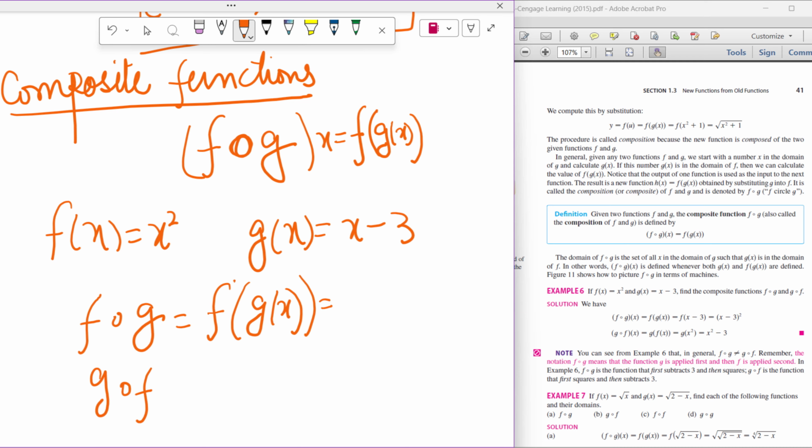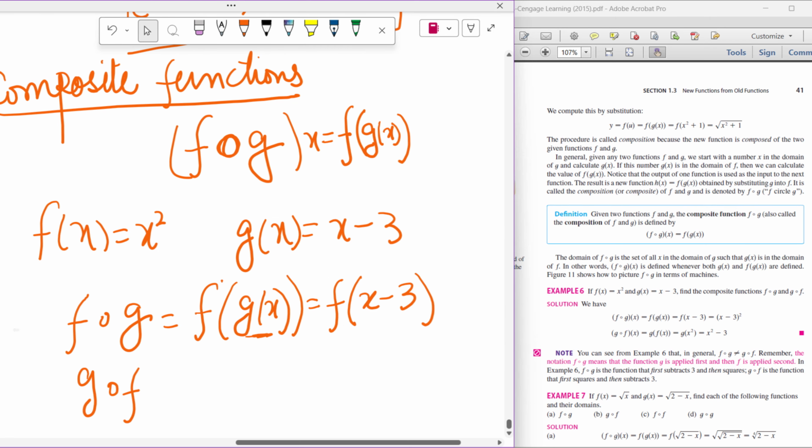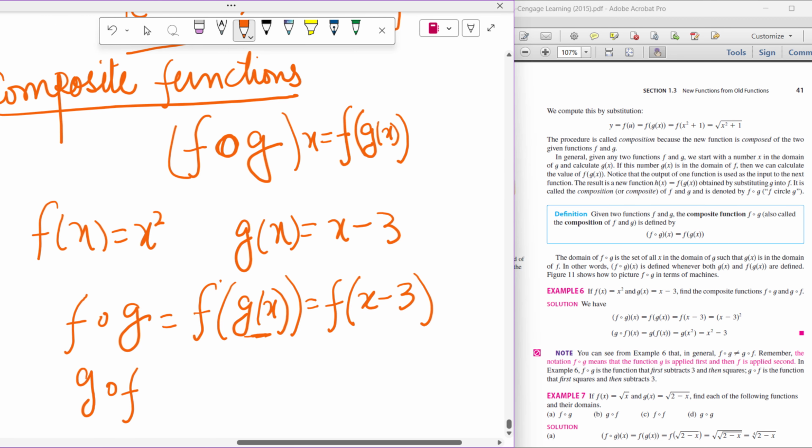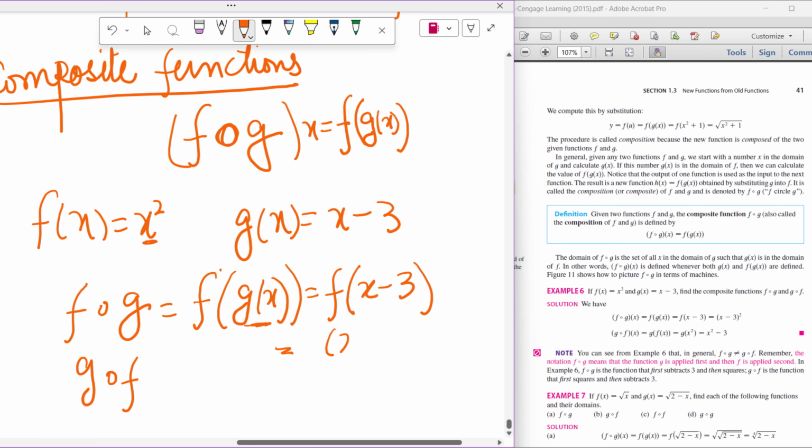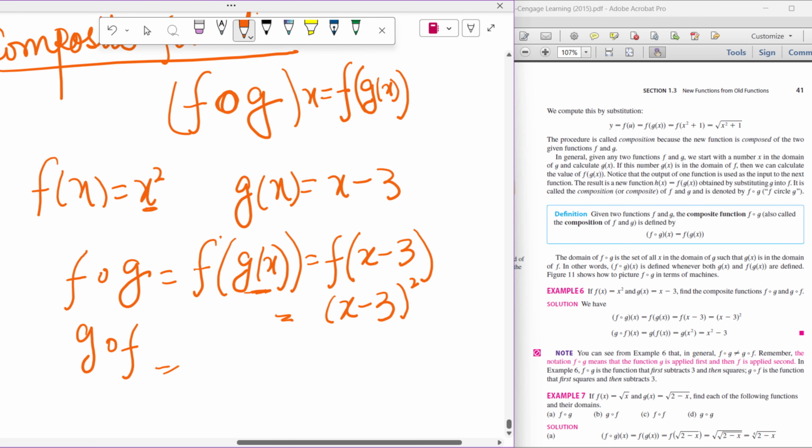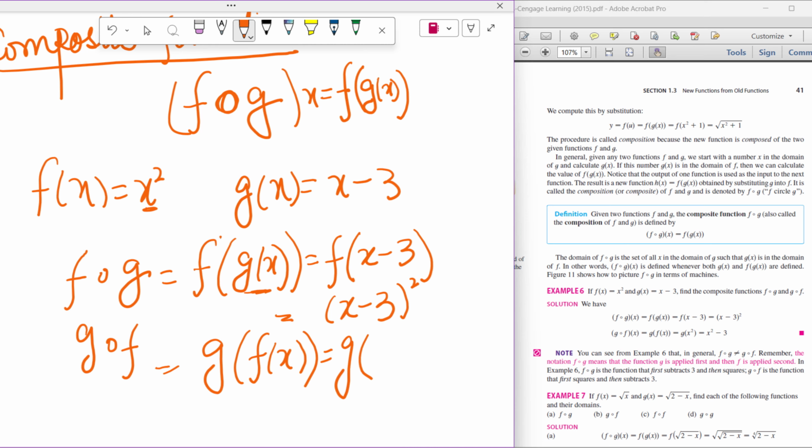First I replace the inner function with g of x, which is x minus 3. Then put the value of this into f of x. So this is basically equal to x minus 3 whole squared. Similarly, if I find g of f, then g of f of x, where f of x is x squared.